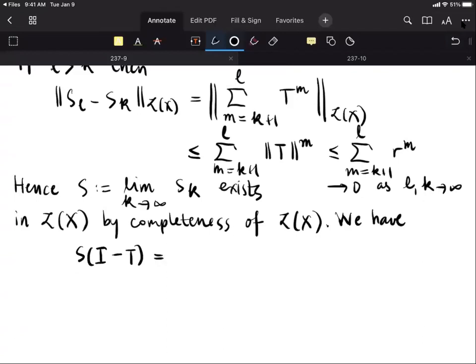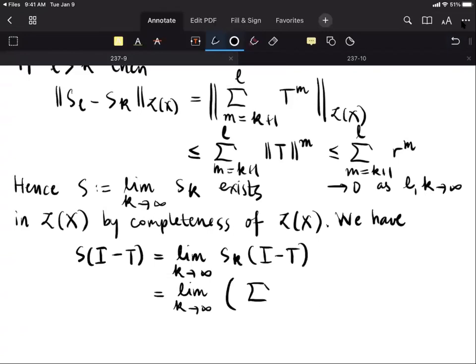This is equal to the limit as k goes to infinity of the partial sums, and you will see that this is S_k times the identity.